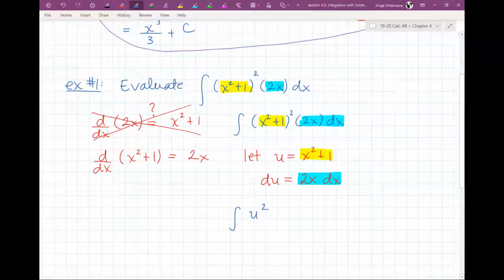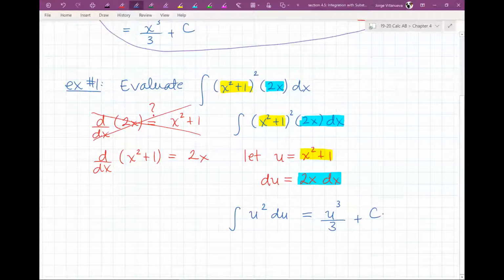And instead of 2x dx, what do you think I put in? Du. Thank you. So du. So instead of integrating x squared plus 1 quantity squared times 2x dx, I'm really just going to integrate u squared. Well, what's the integral of u squared? What do I get? u to the third divided by 3 plus C.